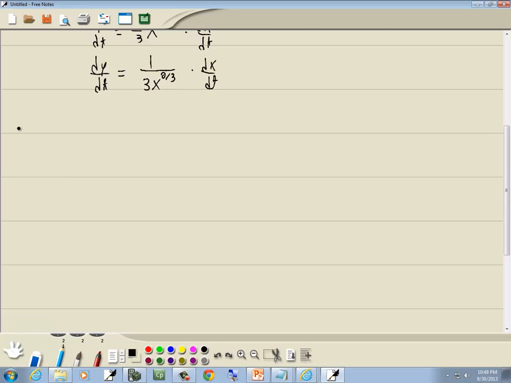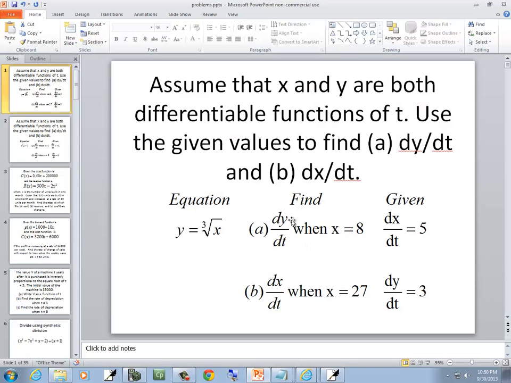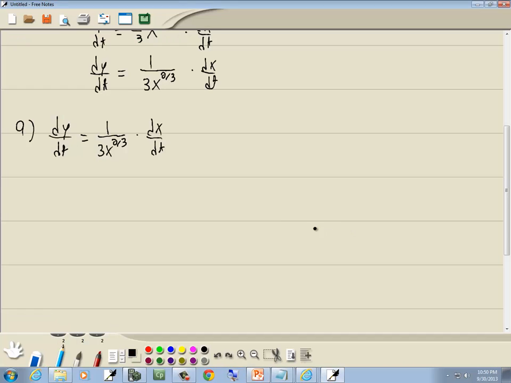Part A. We've got dy/dt is equal to 1 over 3x to the 2/3 times dx/dt. Now they want us to find dy/dt when x is equal to 8, so they're telling us x is equal to 8. So wherever we have an x, we'll put an 8 in.